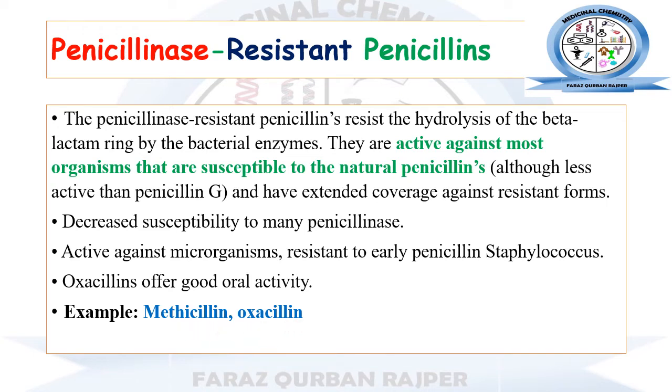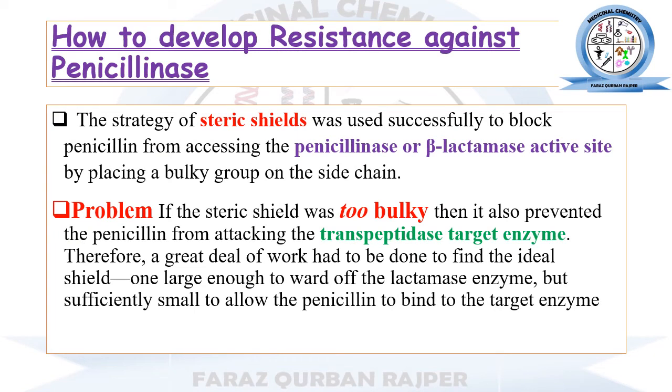They are examples of penicillins which have penicillinase or beta-lactamase resistance. Now let's check out what structural features impart the penicillinase or beta-lactamase resistance. So how do we develop resistance to the penicillinase or beta-lactamase enzyme?